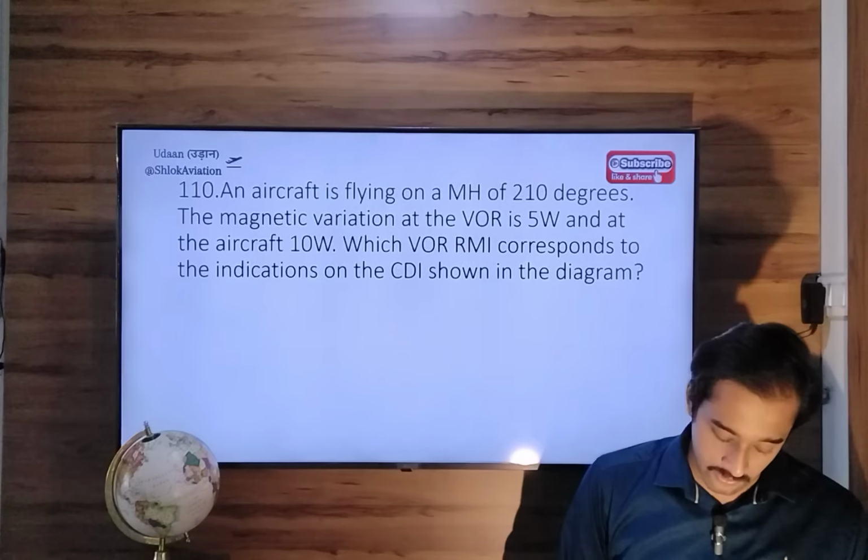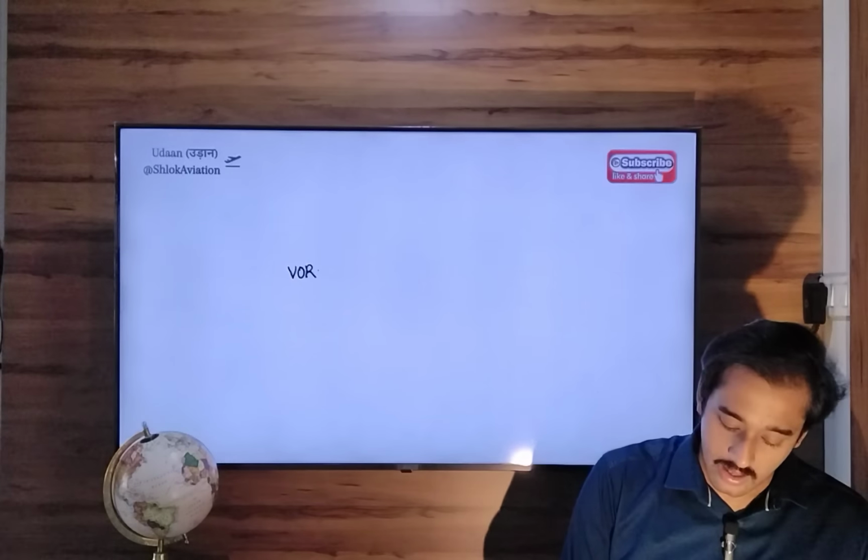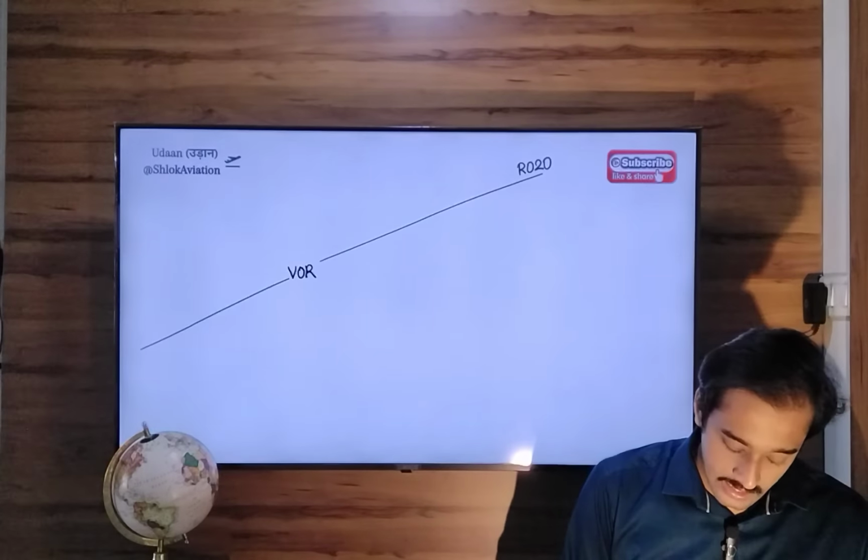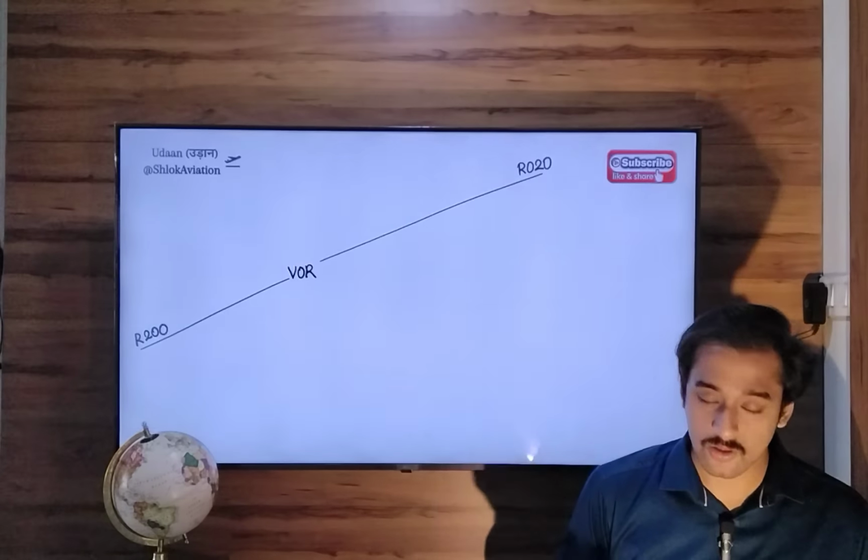So let's draw the figure. This is your VOR station. Aircraft is on radial 020. You have selected radial 200.